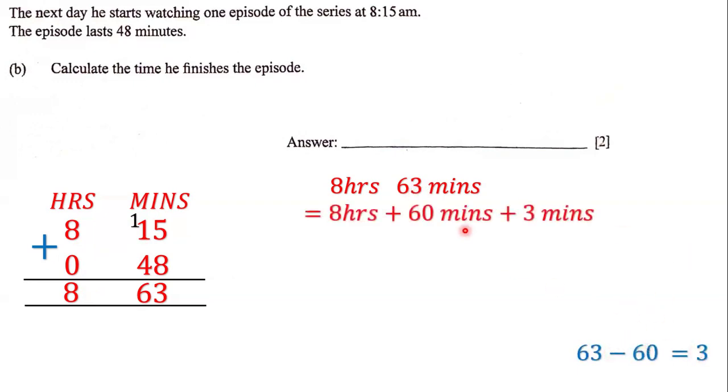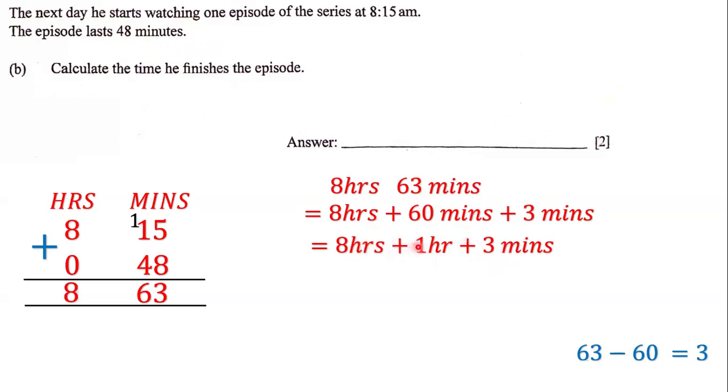And so that means that 8 hours and 63 minutes can be expressed as 8 hours, 60 minutes, and 3 minutes. Next, we know that 1 hour is 60 minutes. So we're going to take this 60 minutes and express it in terms of 1 hour. And we bring down our 8 hours and we bring down our 3 minutes.